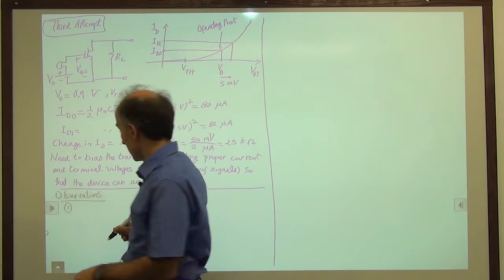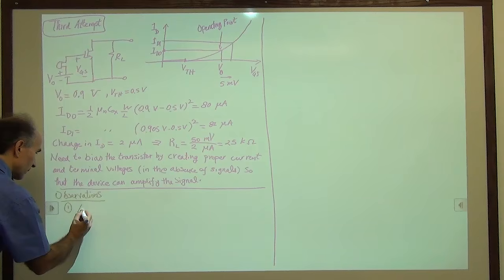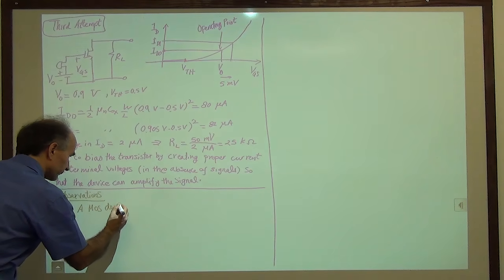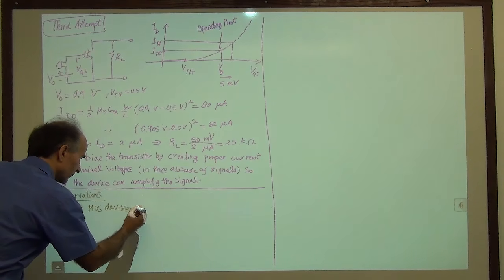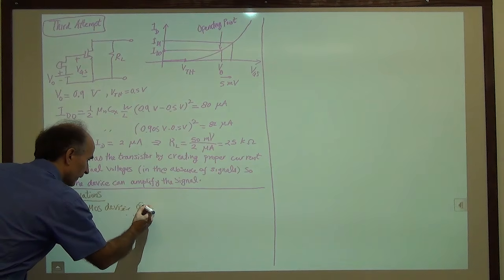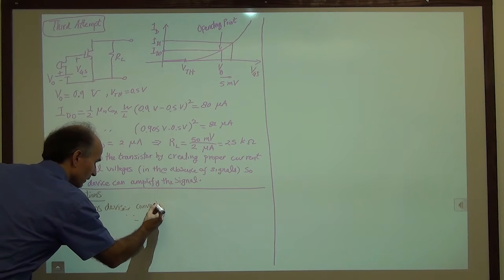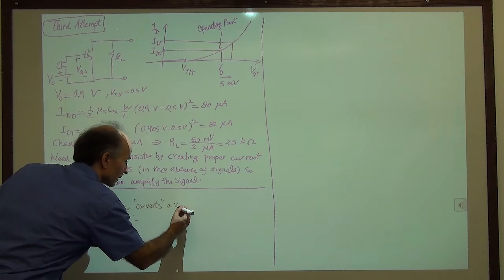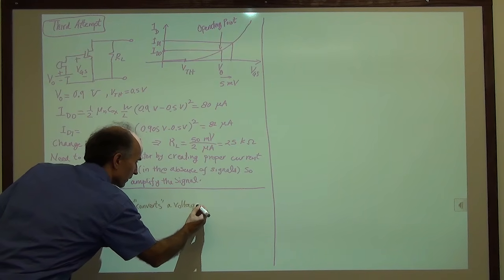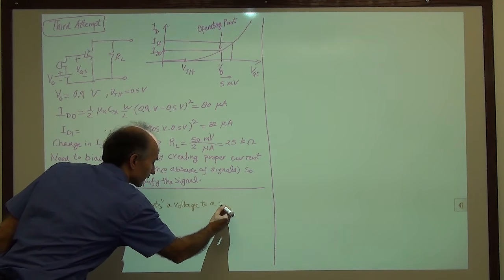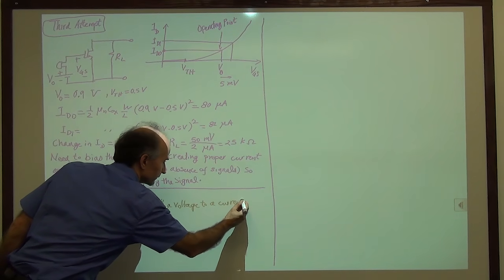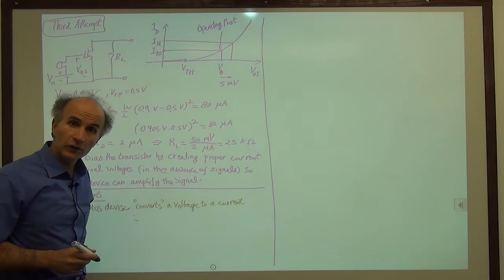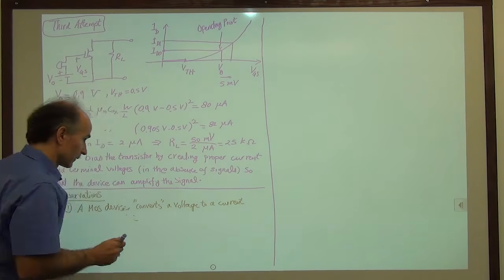Okay, so we say a MOS device converts a voltage to a current. In fact, we might call it a voltage to current converter.